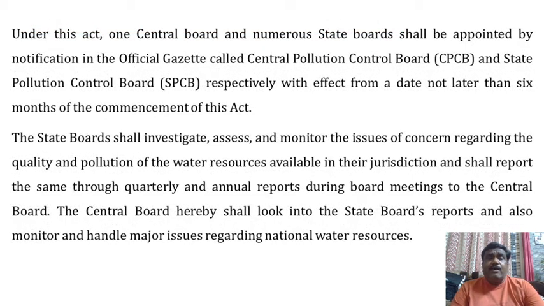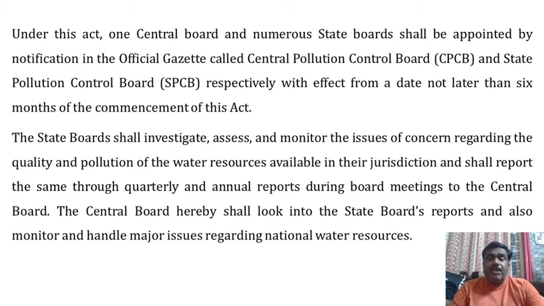Under this Act, one central board and numerous state boards shall be appointed by notification in the official gazette, called Central Pollution Control Board, that we call CPCB, and State Pollution Control Board, SPCB, respectively, with effect from a date not later than 6 months of the commencement of this Act.